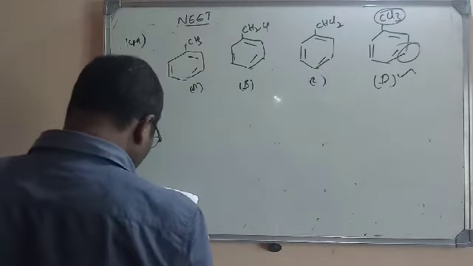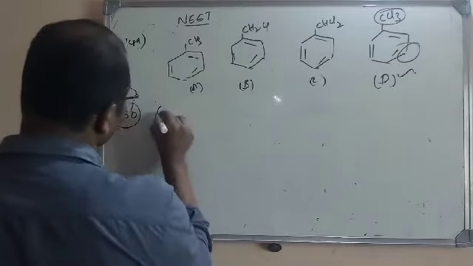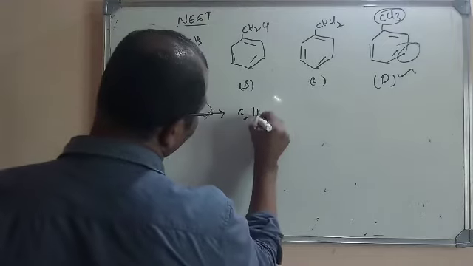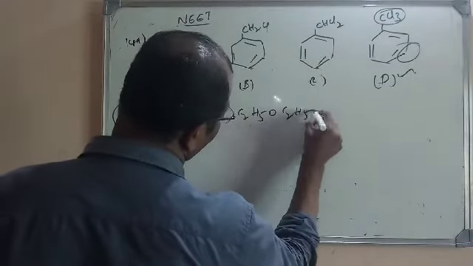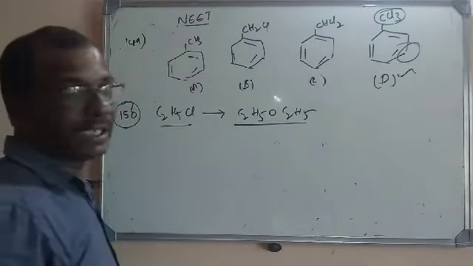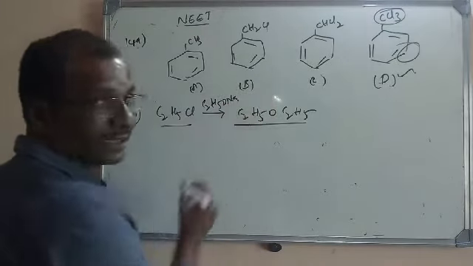Ethyl chloride is converted into diethyl ether. This is diethyl ether. Ethyl chloride, on treating with sodium ethoxide, we get diethyl ether.